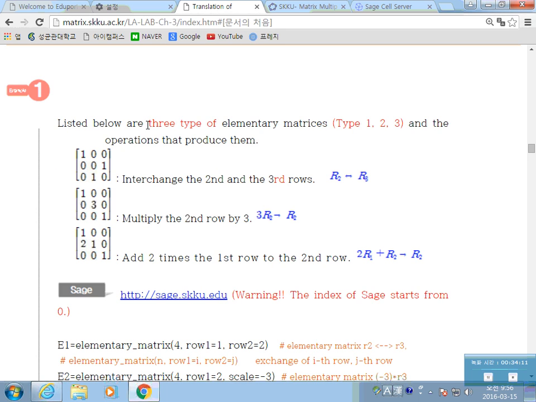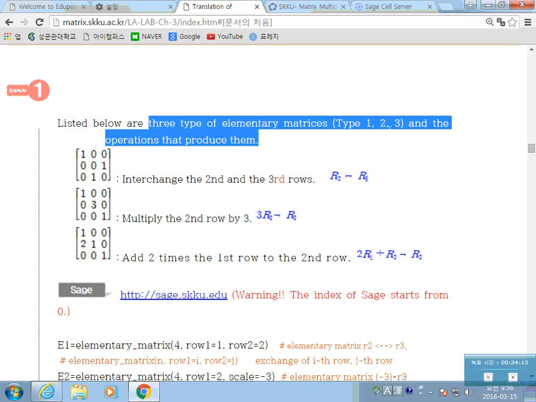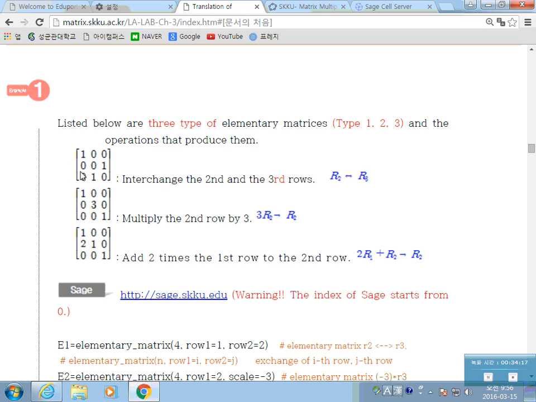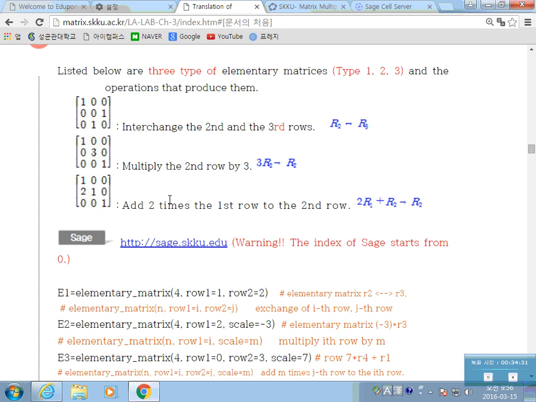Below we list the three types of elementary matrices, type 1 to 3. First, interchange two rows of the identity matrix. This is one example of an elementary matrix of type 1. Second, multiply a scalar on one row. This is the second elementary operation. Third, add 2 times the first row to the second row.